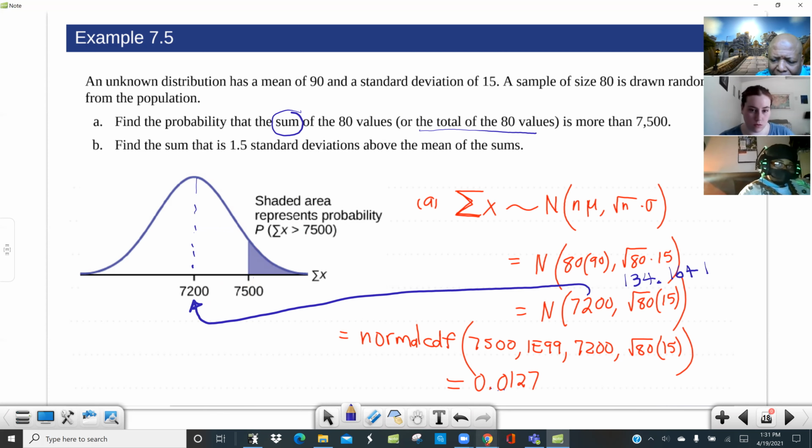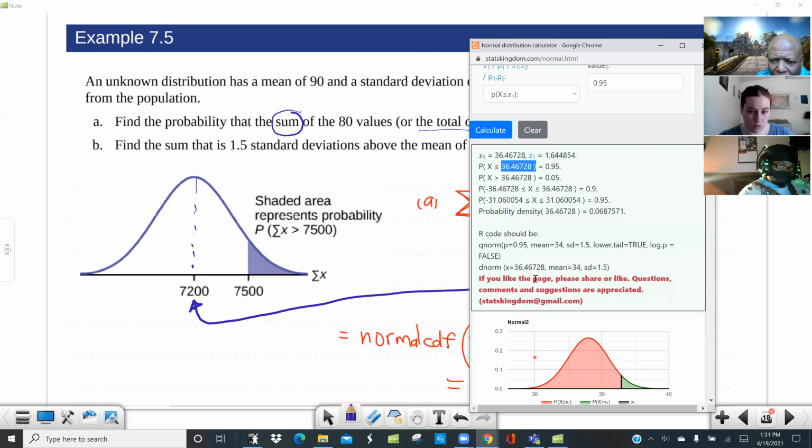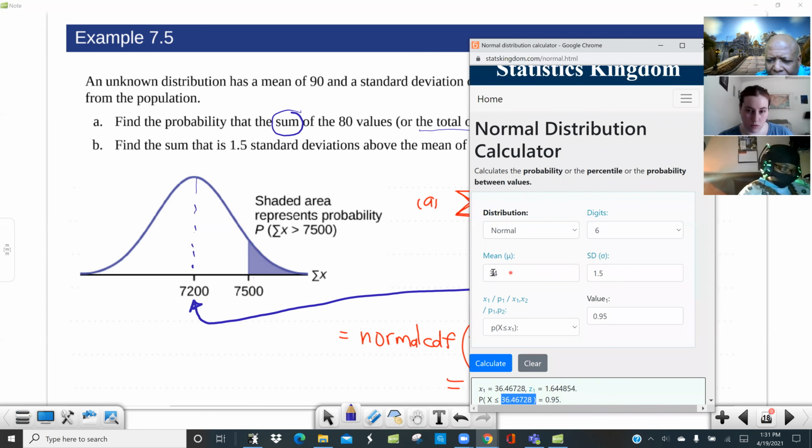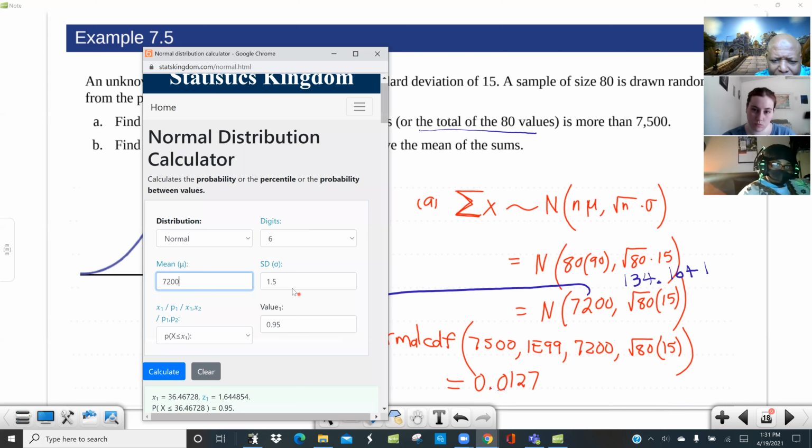So I bring back my calculator here. I change the mean to 7,200. I type in the standard deviation, which is 134.1641. And I want to go to the right of 7,500. So I'm going to pick the first value, 7,500. And I say, calculate.